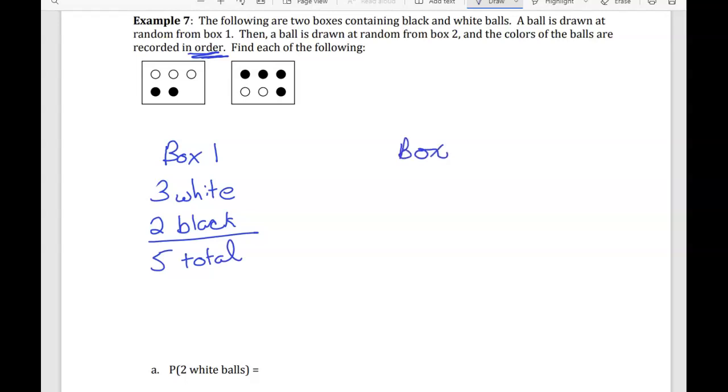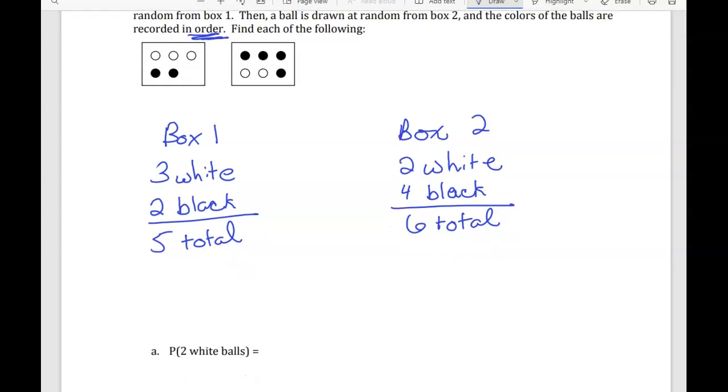Box 2 is going to have 2 white and 4 black, for a total of 6. And so we need to know the totals in each one, and we need to know how many are in each. Okay? And we want to know the probabilities.